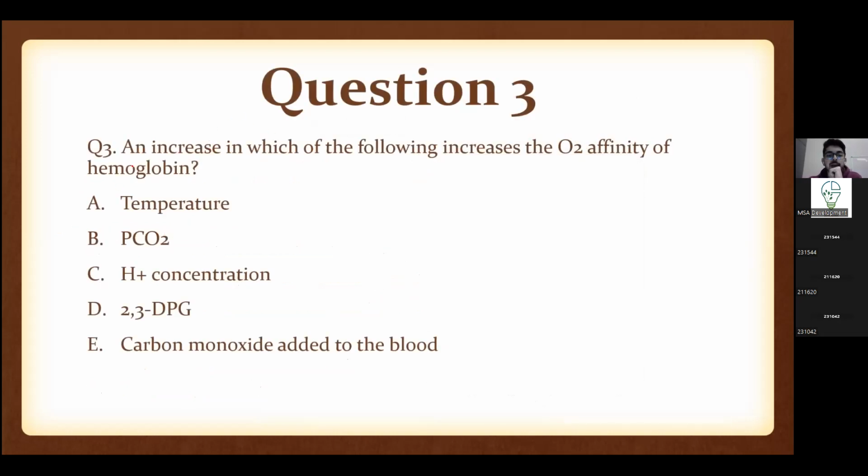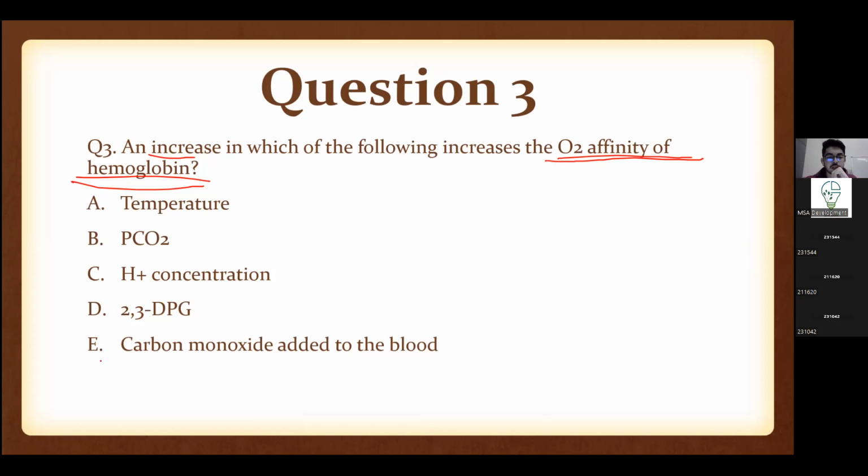Now, question 3. An increase in which of the following increases the O2 affinity of hemoglobin? Focus, okay? An increase in which of the following increases the O2 affinity of hemoglobin? Mnemonic. Okay, I'm going to mention the mnemonic at the end. Okay, good, great.